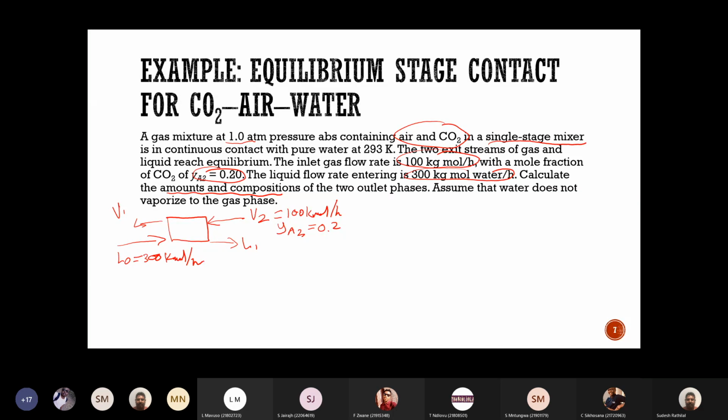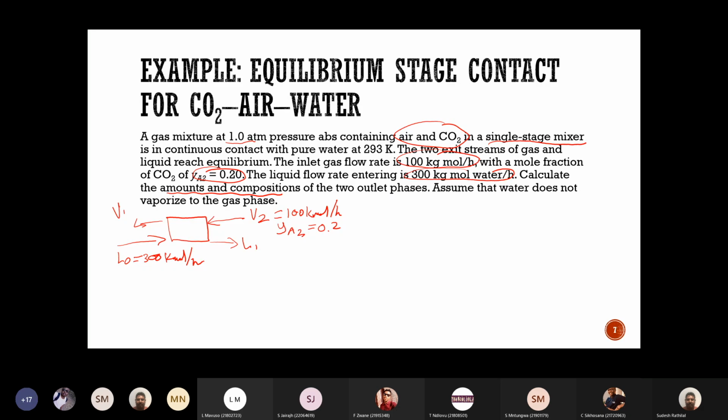You are not told anything about whether the water that's coming in has any CO2, although you're told that the flow rate is 300 kilomoles water per hour. So our assumption is that the incoming water is pure water and doesn't contain any CO2, or if it does, it is negligible.